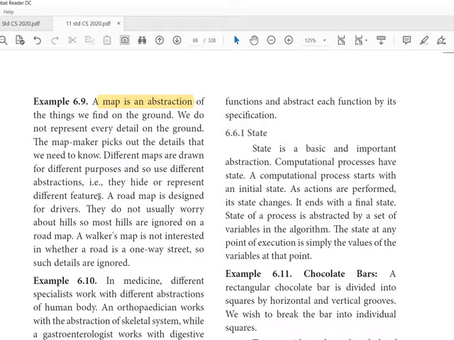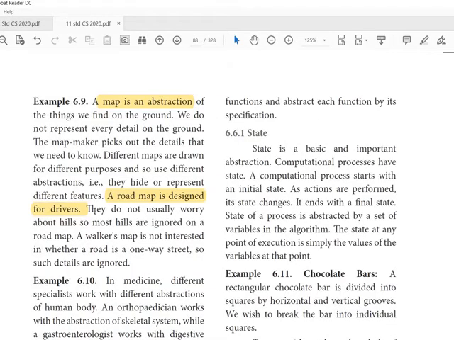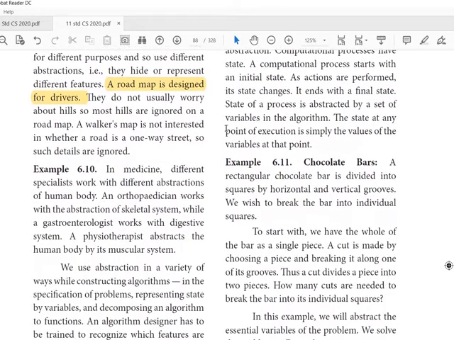They hide or represent different features. A road map is designed for drivers. They do not usually worry about hills, so most hills are ignored. So this is one example of abstraction. A map is an abstraction tool.